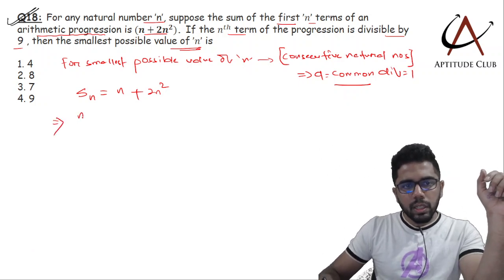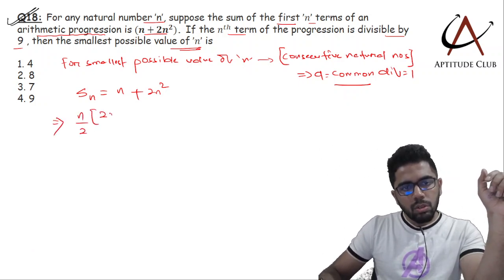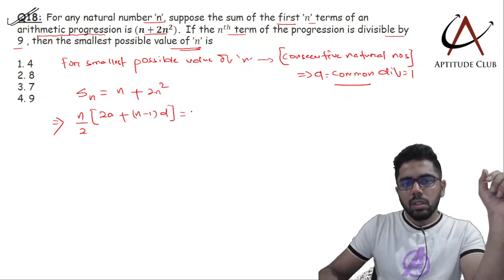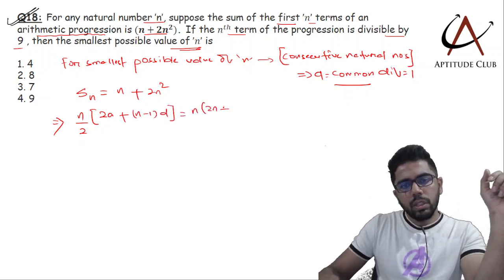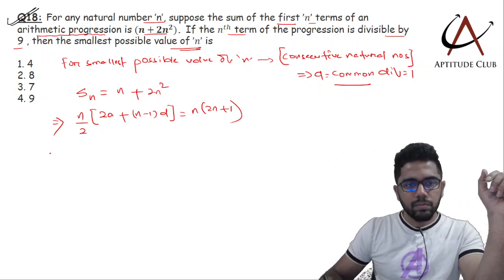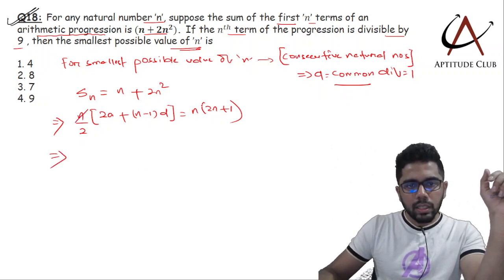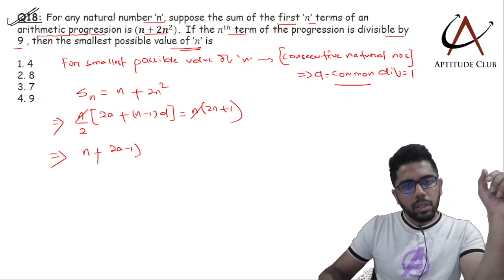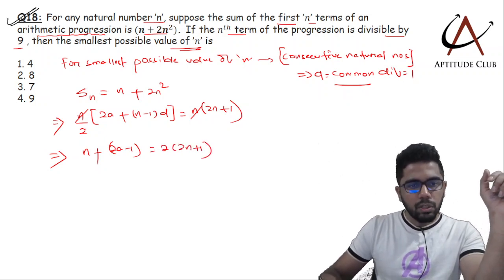Sum का formula क्या है? n by 2 whole into 2a plus n minus 1 into d. यहाँ पे मैं n common ले सकता हूँ, 2n plus 1 लिख सकता हूँ ऐसे. So this n will get cancelled out and d की जगह पे मैं 1 put कर सकता हूँ. So I get n plus 2a minus 1 is equal to twice of 2n plus 1. ये 2 आके RHS में I'll multiply.